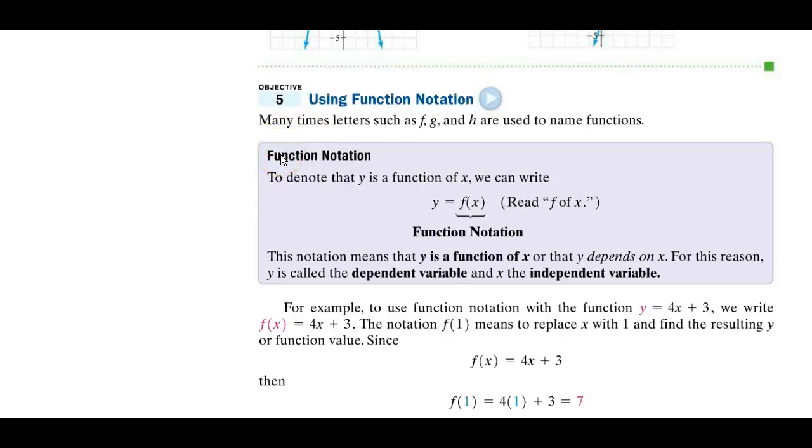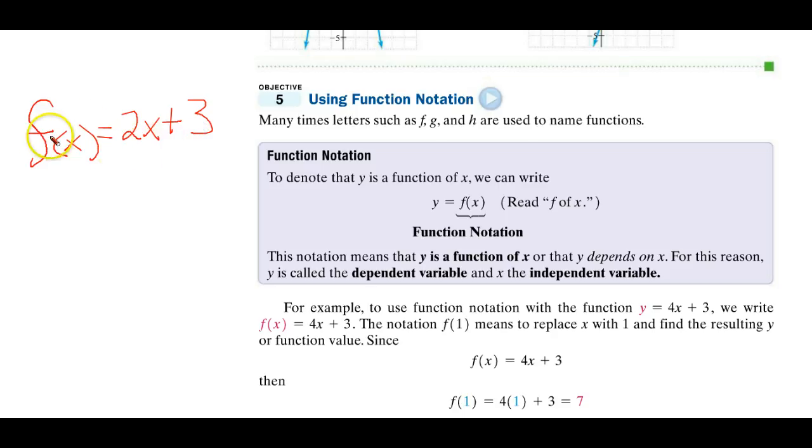All right, let's go on to objective 5, using function notation. Now, when we deal with function notation, there's a special way to write it. And that special way is the use of this symbol. f of x is such that, let's say, 2x plus 3.